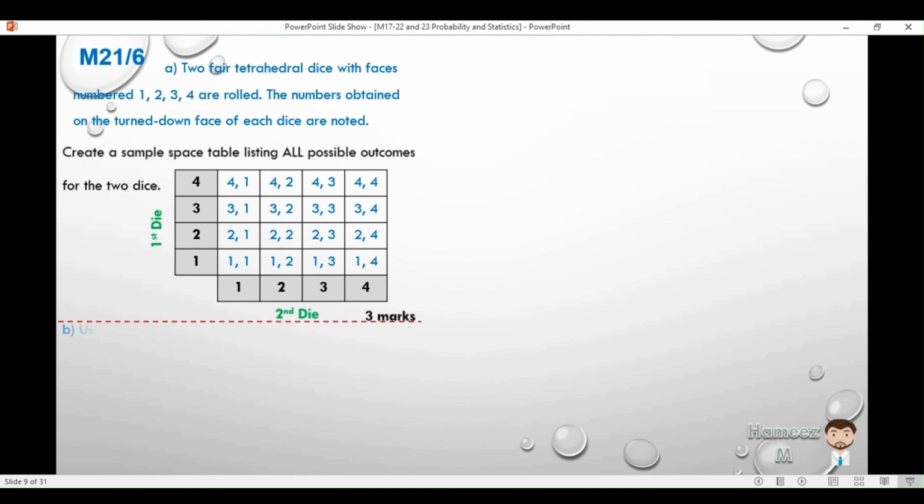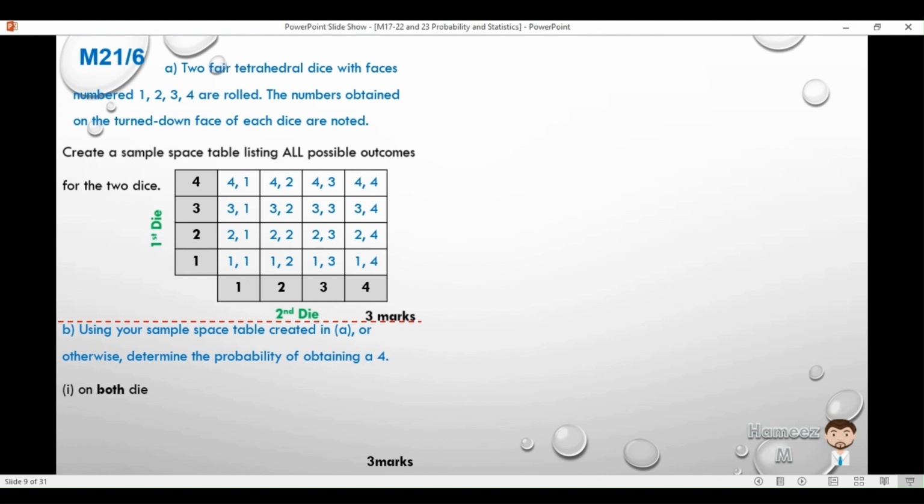So let's go on. Part B, using your sample space created in part A, or otherwise, determine the probability of obtaining a 4, part 1, on both dice.